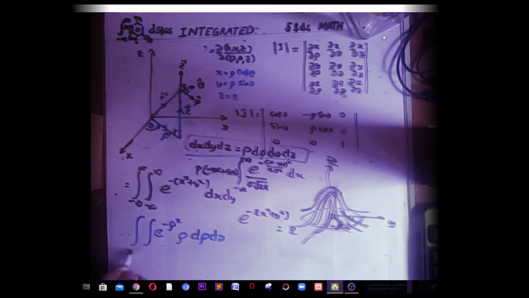Most of the time you would be panicked of this. Actually, what happened to the dz term? Here we don't have any dz term. Here too, we don't have any dz. What happened to the dz? Actually, what would happen to dz?